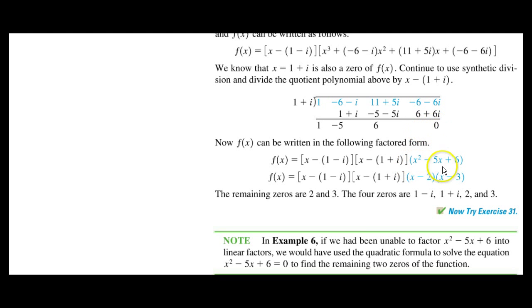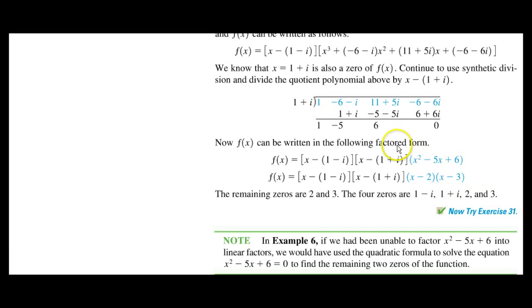You get the other factor, and then factor this, which is nice for a change, and you end up with 4 zeros. 1, 2, 3, and 4.